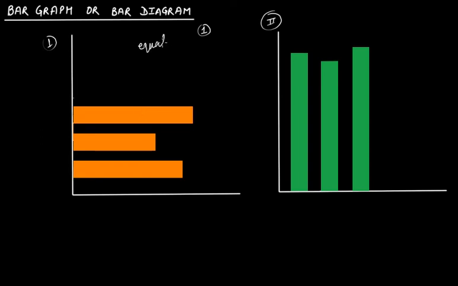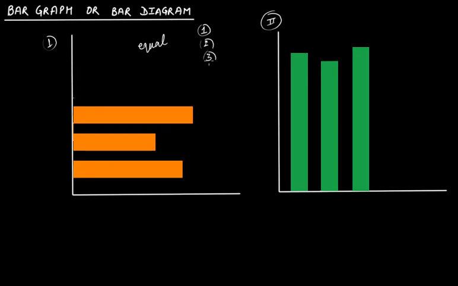That's a way to show our information. So whenever you are making any bar graph or bar diagram, always remember that the width of each bar should be equal. In this case, the width of this one should be equal to this one and should be equal to this one. Okay, that is point number 2.